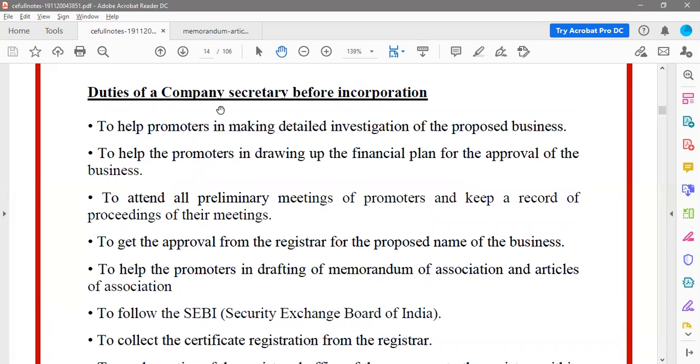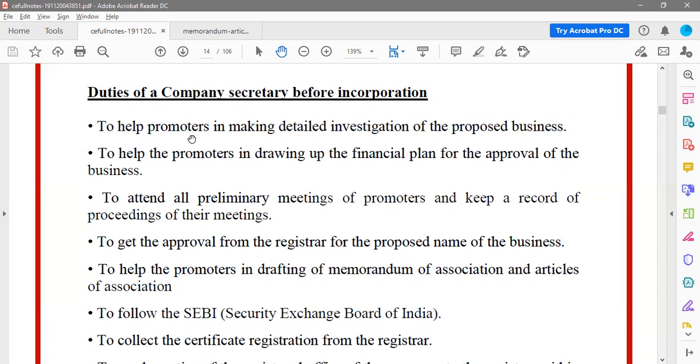So a few duties of the company secretary are, they will help in understanding the business proposal better, which type of business they have to do, and they will be able to explain all that to the promoter. And the promoter can also take help of a chartered accountant to get the project reports ready in financial matters.